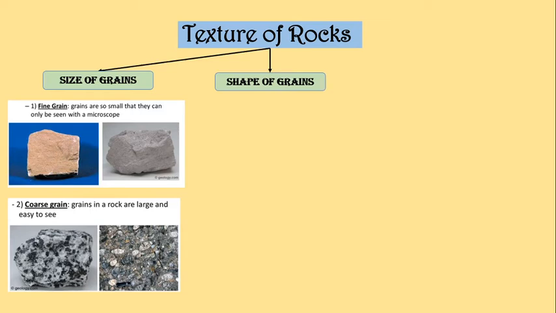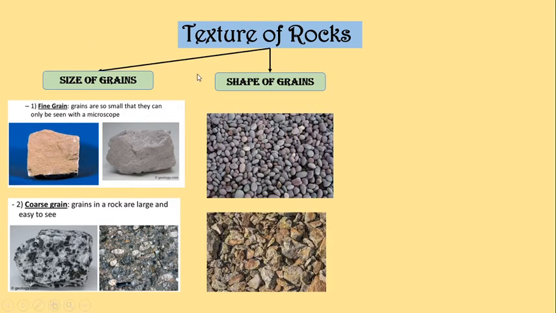And then based on the shape of grains. Based on the shape of grains, there are two types. First, it has smooth and rounded shape. Jadi batu yang memiliki permukaan yang halus dan bentuknya membulat dan bentuknya melingkar, ya, bentuknya seperti bola.